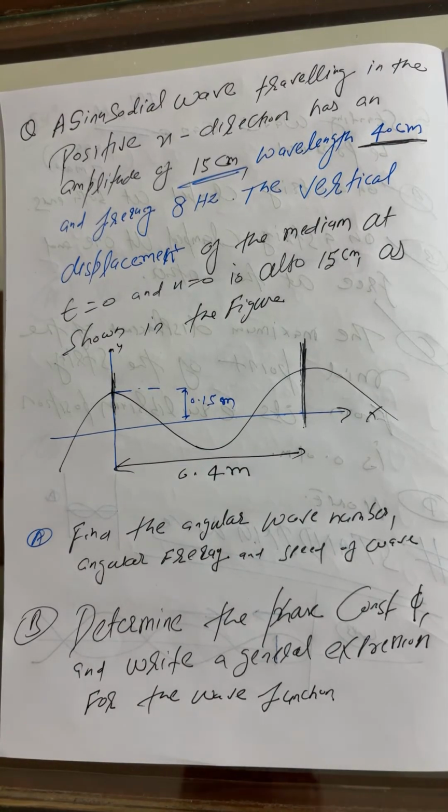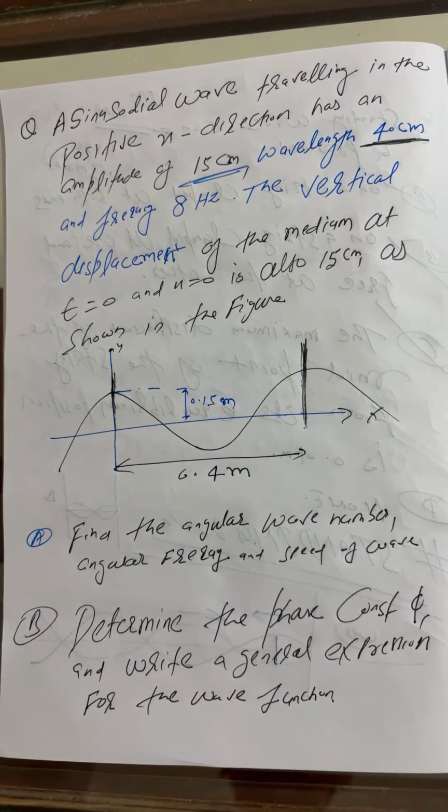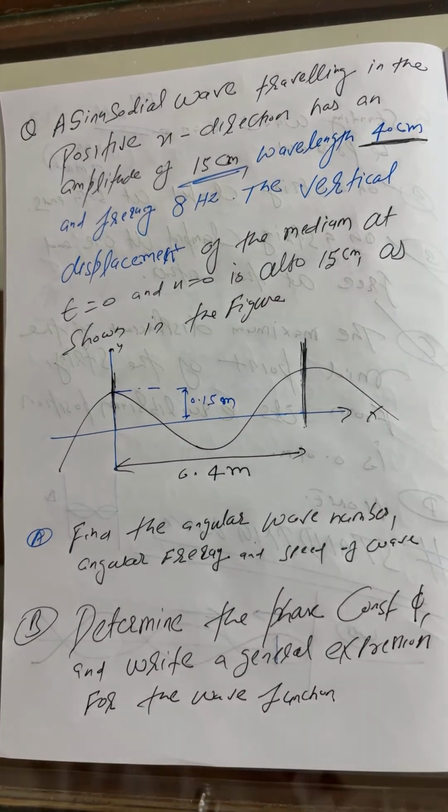Once more I'll read it. A sinusoidal wave traveling in the positive x direction has an amplitude of 50 centimeter, also mentioned in the graph. Wavelength is 40 centimeter and frequency is 8 hertz.